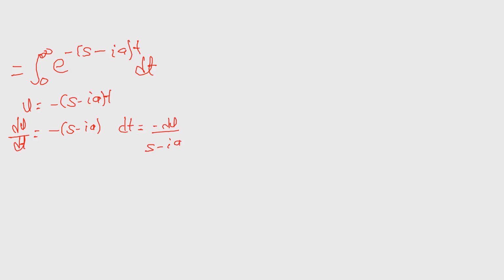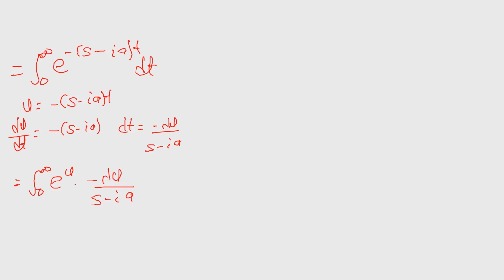So if you take it back to our equation, we are going to have the integral of e raised to the power of u, because we already said that the whole of this is u. Then our dt is minus du over s minus i a.